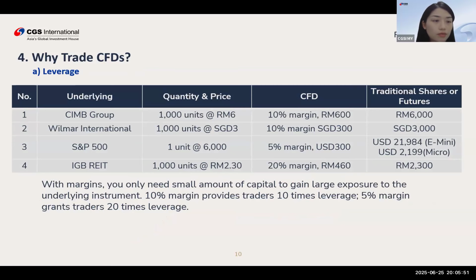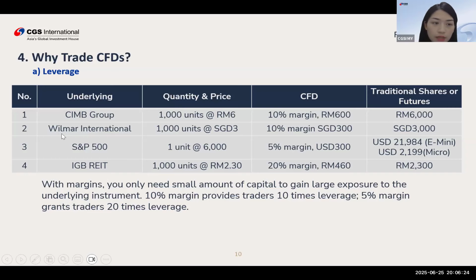Okay, so as I mentioned just now, the first advantage of CFD is leverage, because you only need to come out with a relatively small amount of capital to gain large exposure to the underlying. For example, if you want exposure to CIMB Group with 1,000 units at 6 ringgit, with CFD you only need 600 ringgit because of the 10% margin, compared to traditional shares where you need 6,000 ringgit.